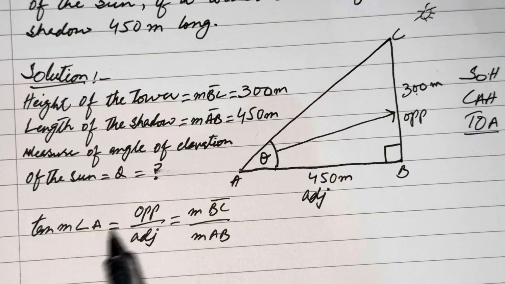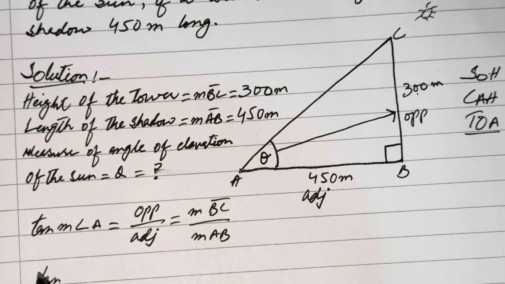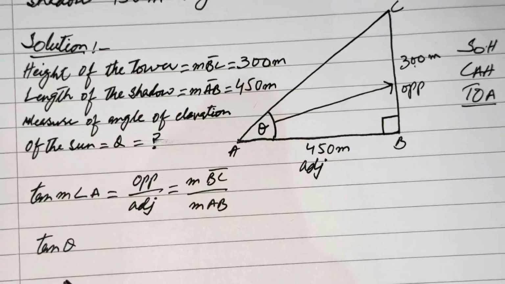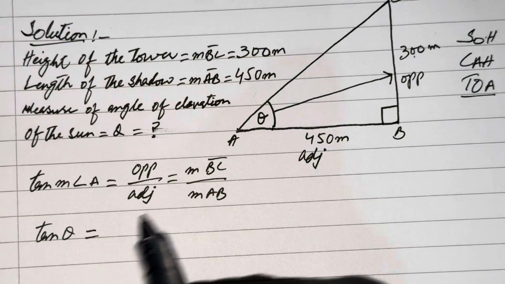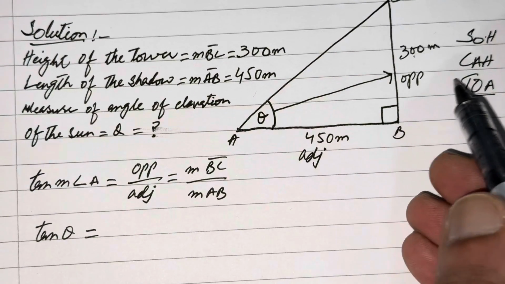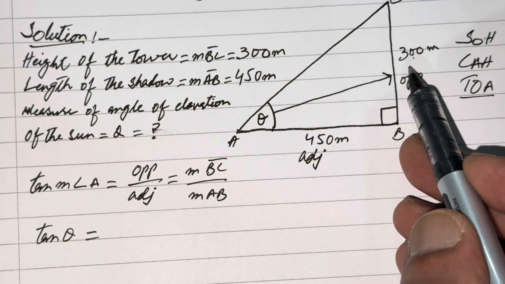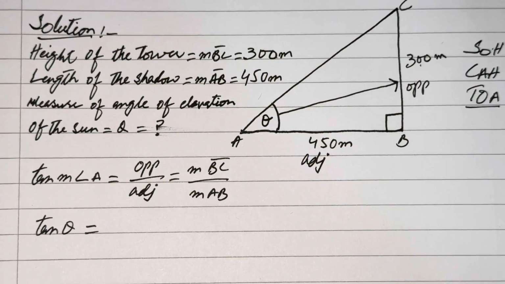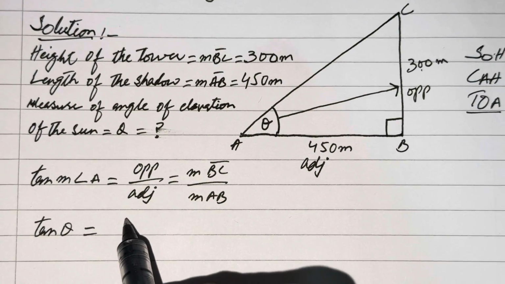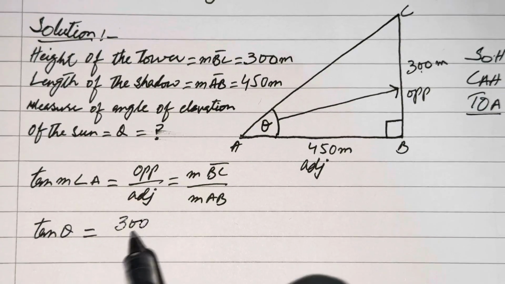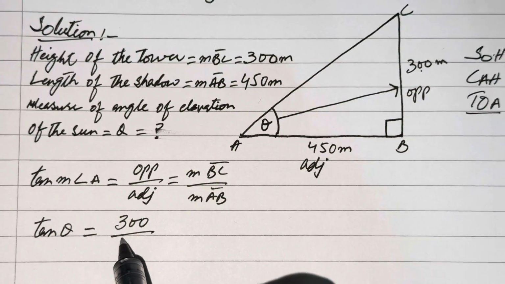Tangent of angle A is given as theta, so tangent theta will be equal to the measure of BC, which is 300 meters, divided by the measure of AB, which is 450 meters.